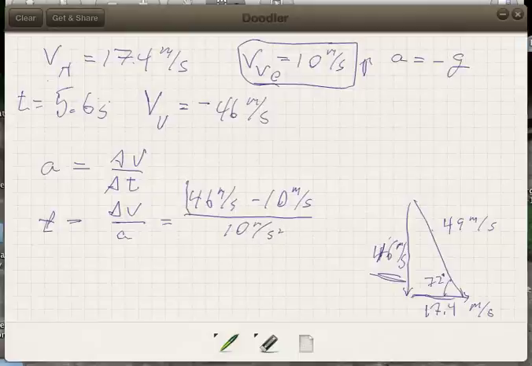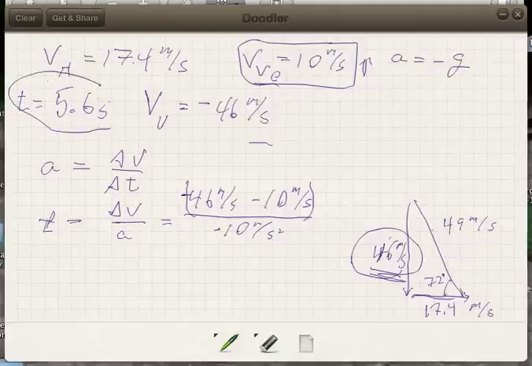Now let's be careful, because we recognize that it's going downwards at 46 meters per second, and it started upwards at 10 meters per second, and acceleration is negative. So if we do this correctly, we'll get the same answer: the change in velocity is negative 56 meters per second, and so we need 5.6 seconds.